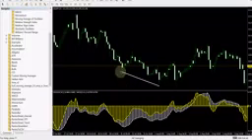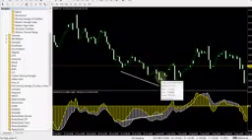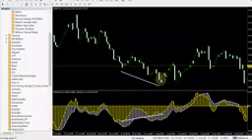So when we find the low here, we can see that the indicator is telling us price is going up, but in actual price it went down. So this is bullish divergence. So from here, we'll be looking to take a buy trade. So you wait for just two more candles, then you put a buy trade here.